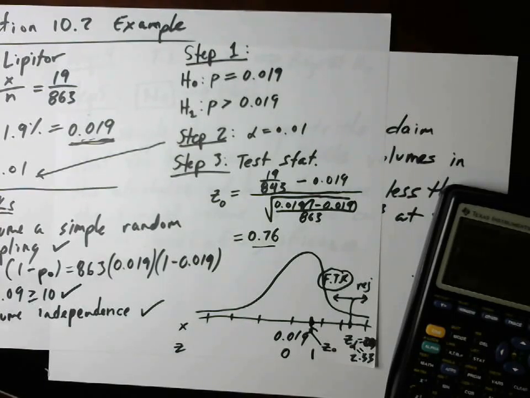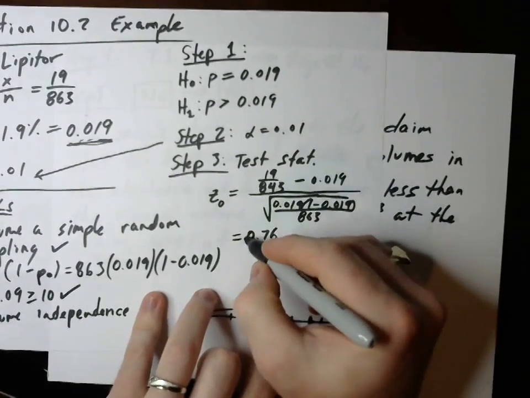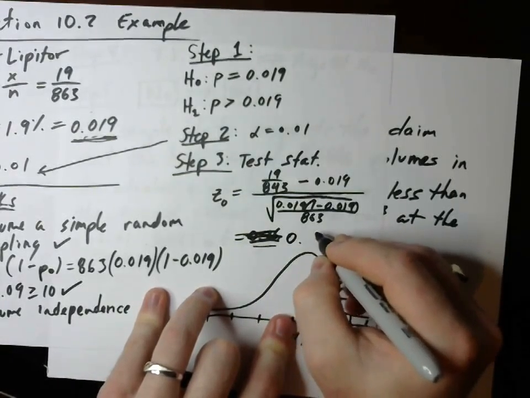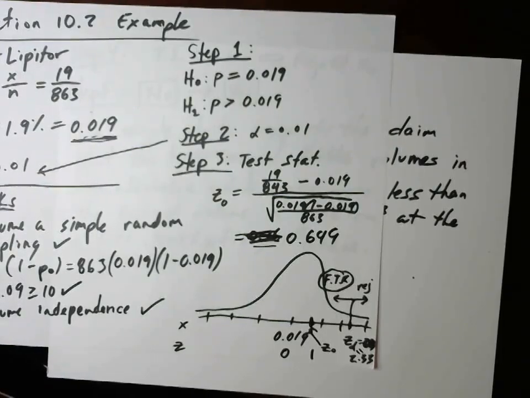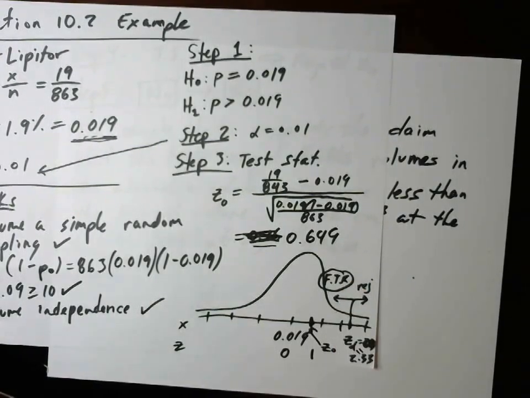Wow. I do not know what I did wrong, but now I'm getting what they're getting in the calculator. I don't know what I did wrong before, but I'm getting 0.649. But it does not change our conclusion. We're still well into the fail to reject region. Sorry about that.